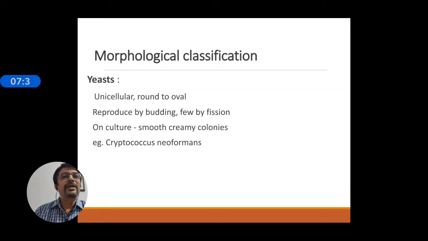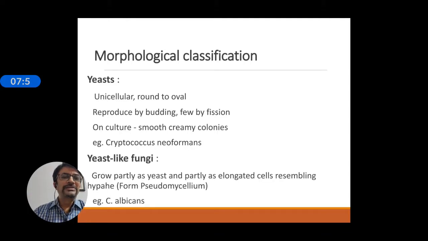Yeasts are unicellular, round to oval cells. They reproduce by budding, a few by fission. On culture, they produce a creamy, smooth and moist colony. The example is Cryptococcus neoformans. Other is yeast-like fungi.